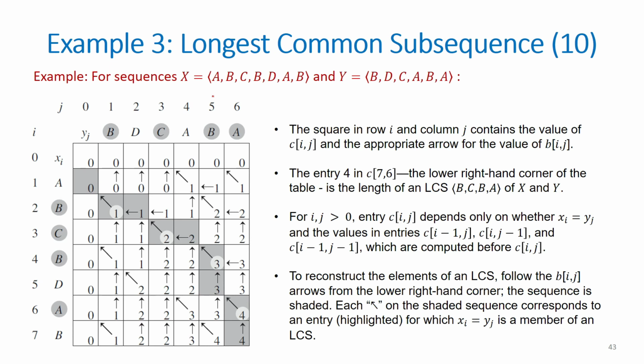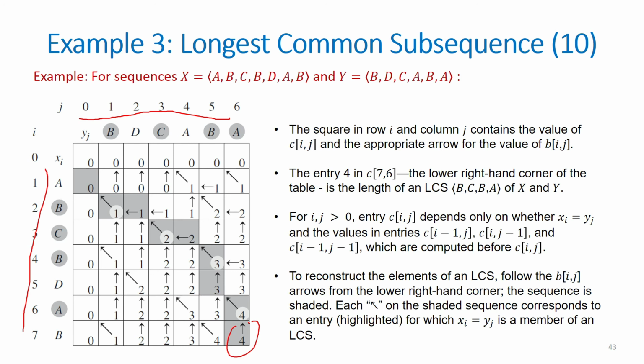In this example, we have the sequence X with 7 elements and sequence Y with 6 elements. So we have to use a C table with 8 rows and 7 columns, and write the elements in each of the sequences as shown here. Always begin from the lower right corner of the table. This is because we start by comparing the last elements in the two sequences.